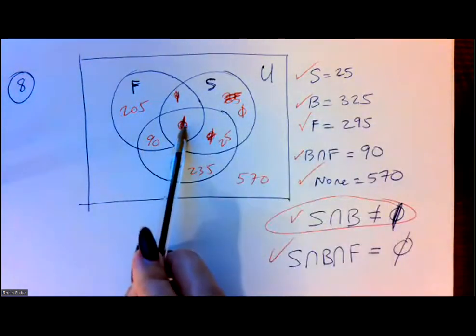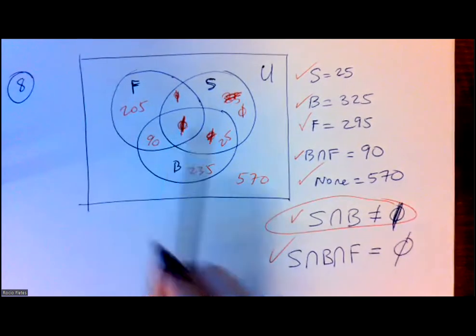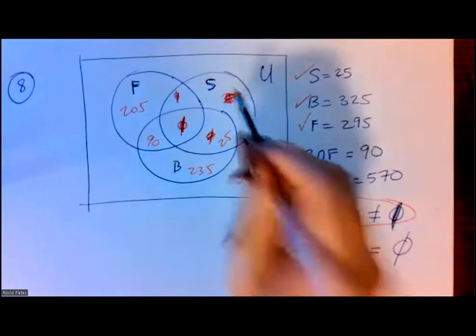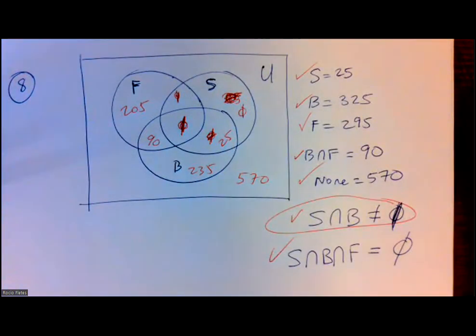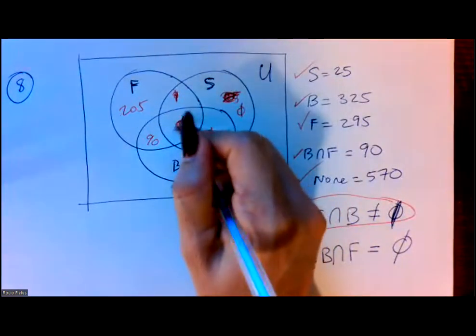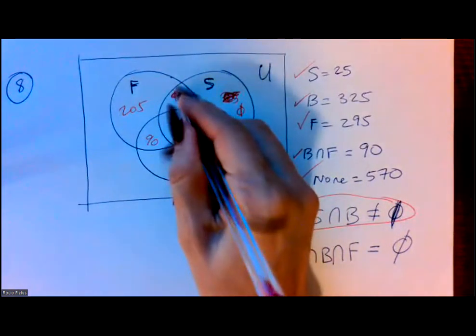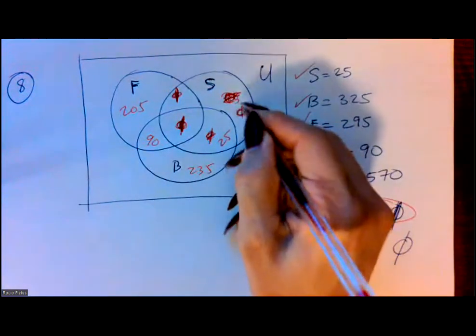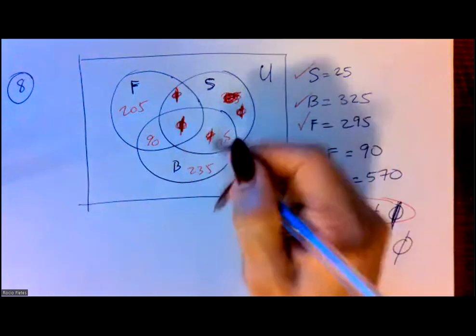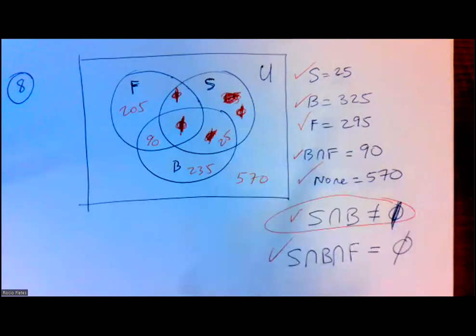We know that nobody is in the intersection of all three sets, but here, so the 25 has to go here. So the rest is going to be empty here, empty there, empty here. And here is 25.